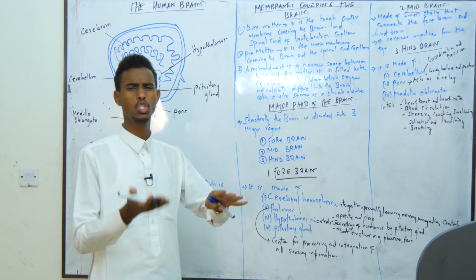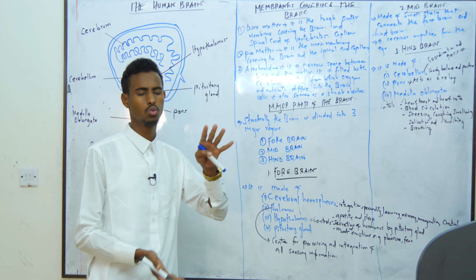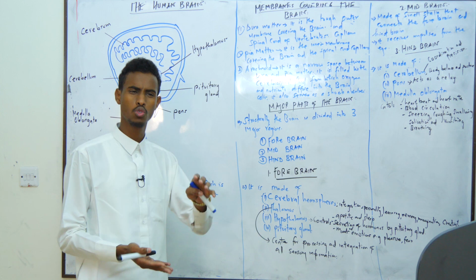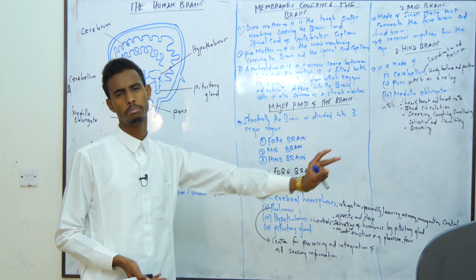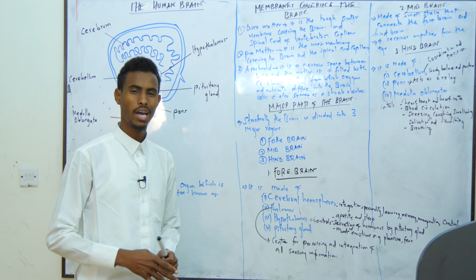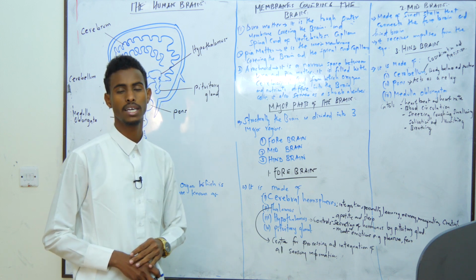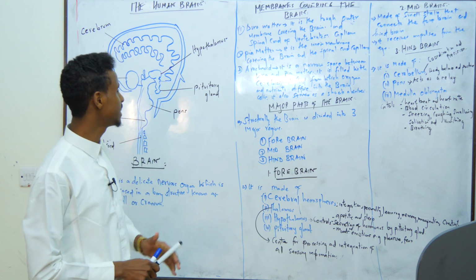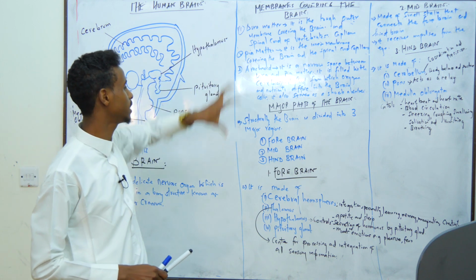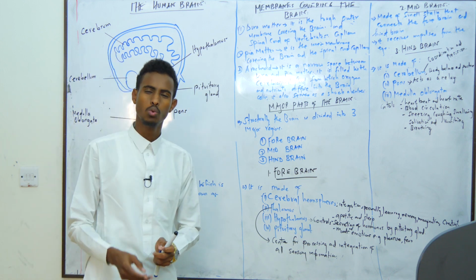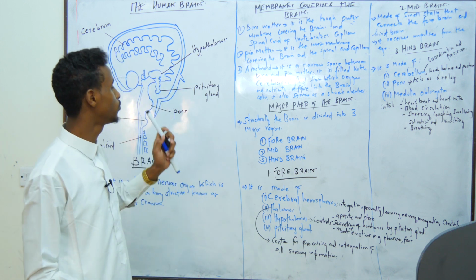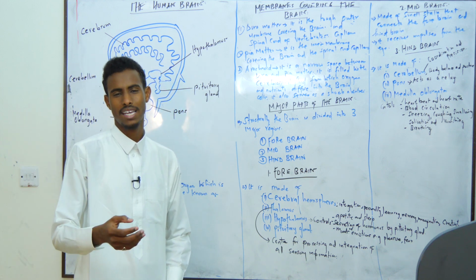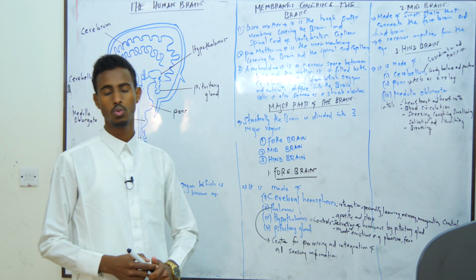In between these two membranes, between the outermost membrane, the dura mater, and the innermost membrane, the pia mater, we have a narrow space. This narrow space is filled with cerebrospinal fluid that nourishes the brain cells and also acts as a shock absorber to the brain.